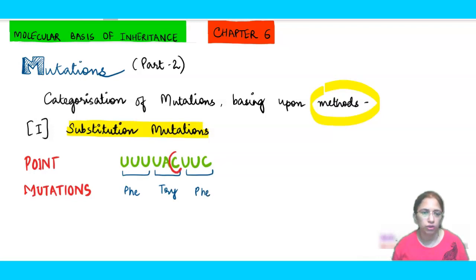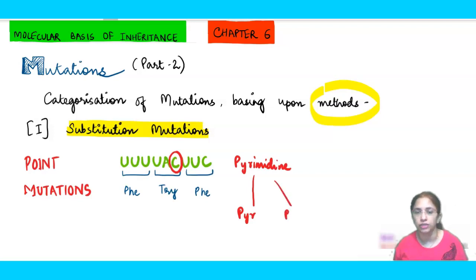Now let's talk about this base. This is cytosine and this is an example of a pyrimidine, right? Now if this pyrimidine is substituted, there are two possibilities. It can either change with a pyrimidine or it can change with a purine, right?